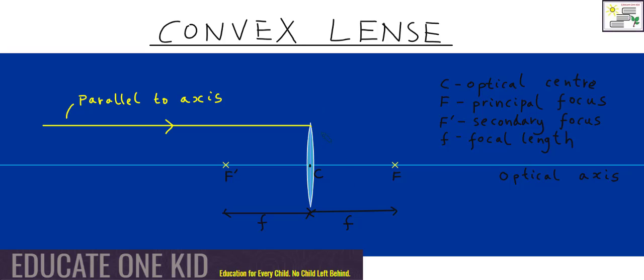Now, such a ray, when it reaches the lens, changes direction. So the lens bends the ray like this. And you can see that the ray bends towards the principal focus.